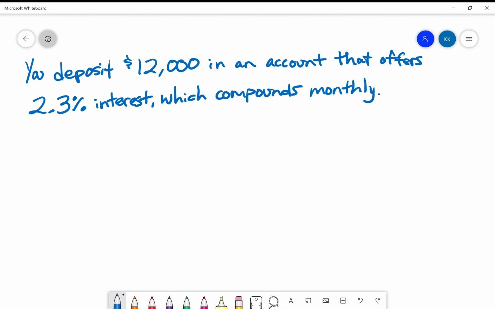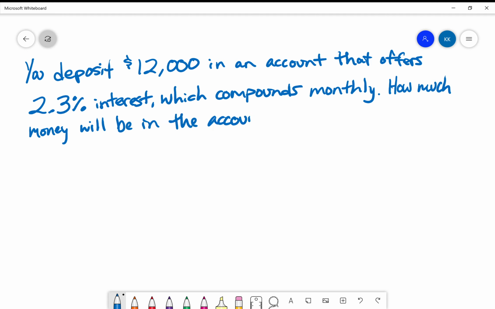It's going to compound every month. How many months are in a year? 12 months in a year. How many times do you think it's going to be compounded each year? How much money will be in the account after 10 years?